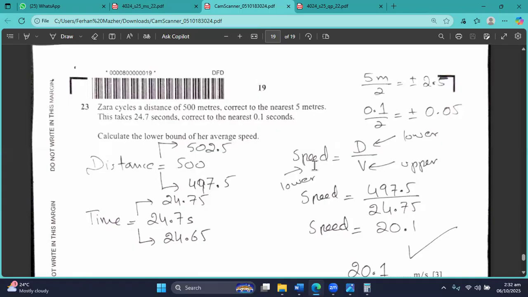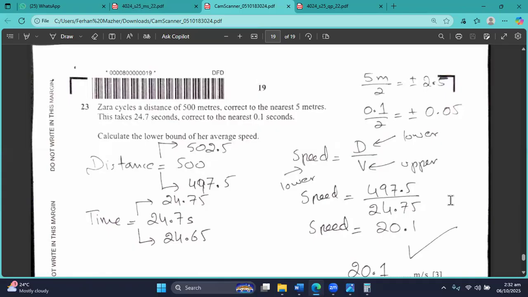Now, if you want the lower value of the speed, because this is a division, for the numerator you will take its lower bound, and for the denominator you will take its upper bound. So the speed will be equal to the lower bound of the distance, 497.5, divided by the upper bound of the time, 24.75. So the speed will be 20.1.